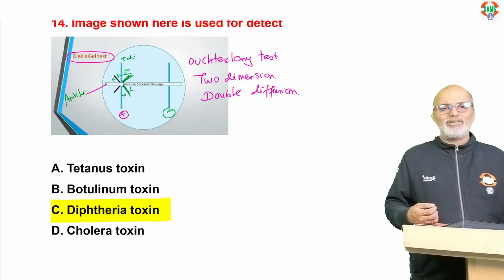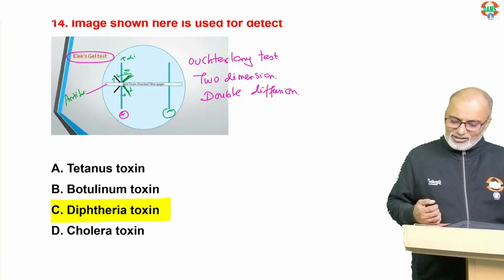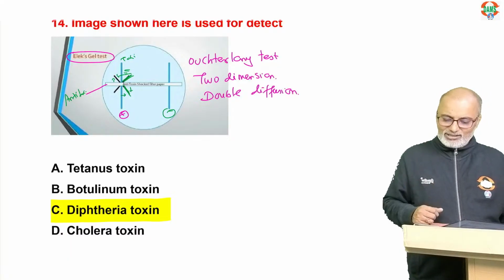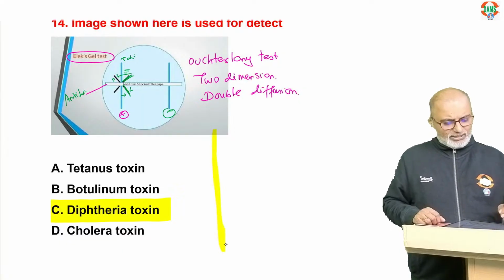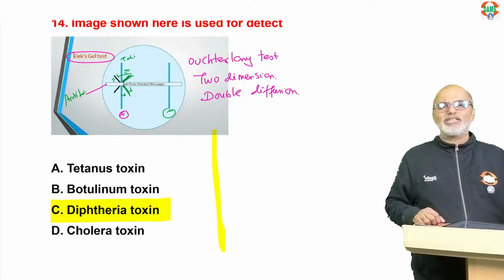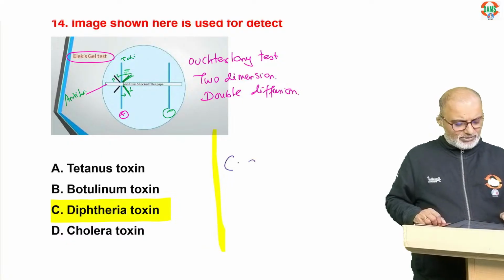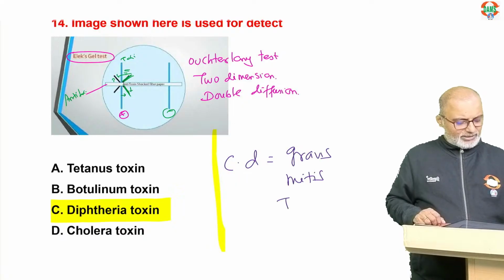Diphtheria, Park-Williams 8 is the vaccine strain. People already writing many things. And in diphtheria we have different types of biotypes: Corynebacterium diphtheriae gravis, mitis, intermedius.